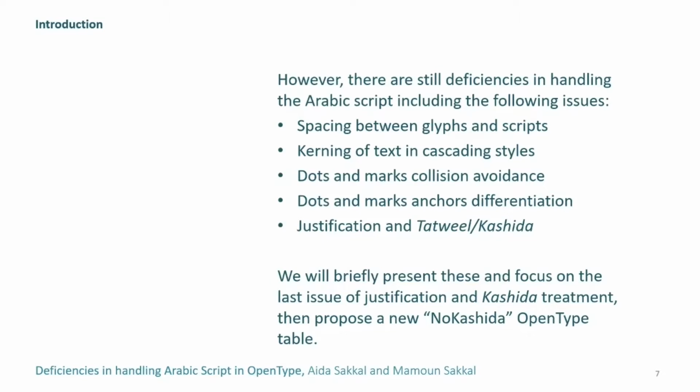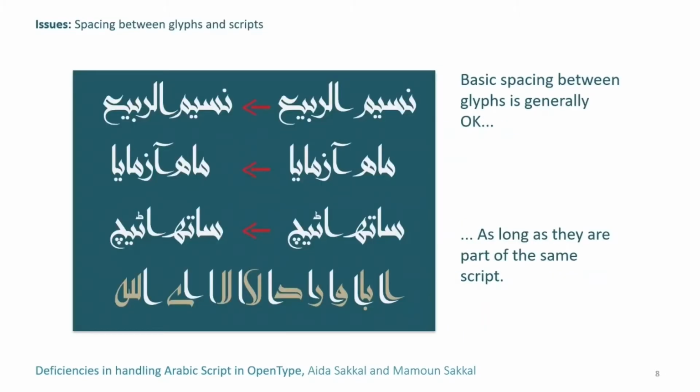We will briefly present these and focus on the last issues of justification and kashida treatment, and then we'll propose a new no kashida OpenType table. Let's start with spacing between glyphs and scripts.